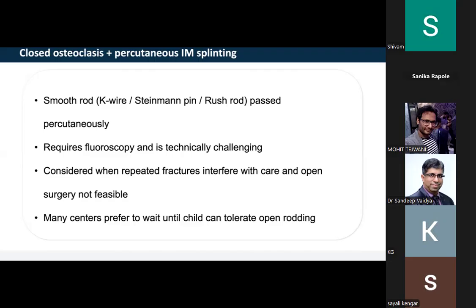There is a risk of joint penetration, migration, inadequate stability and refracture around the joint ends. As a result, many centers manage these fractures and deformities conservatively for a long time until the child's bone size and physiology allow formal osteotomy and nailing.